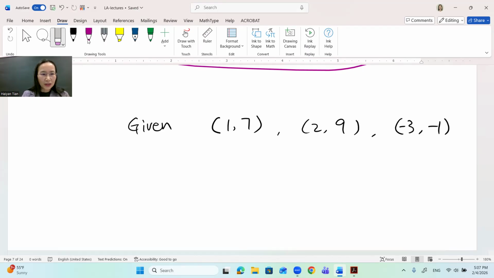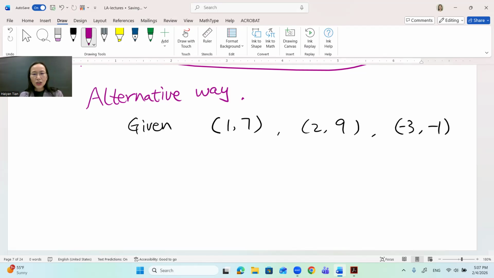Let's think of an alternative way of solving the same problem. We're still looking for a line that will pass through all 3 given points.